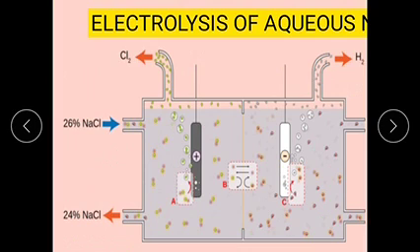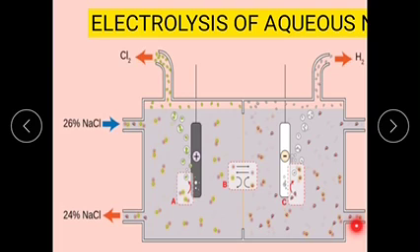When we supply the electricity, it splits into Na plus, Cl minus, H plus and OH minus ions. Na plus and OH minus combine to form sodium hydroxide.